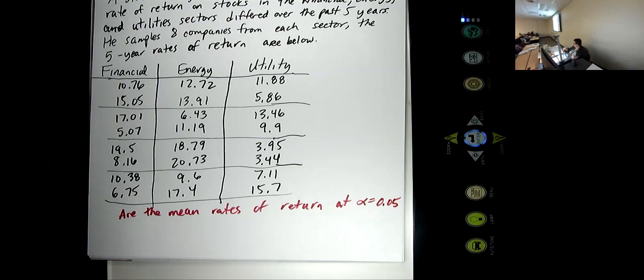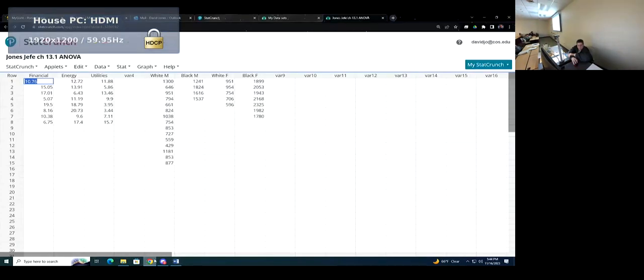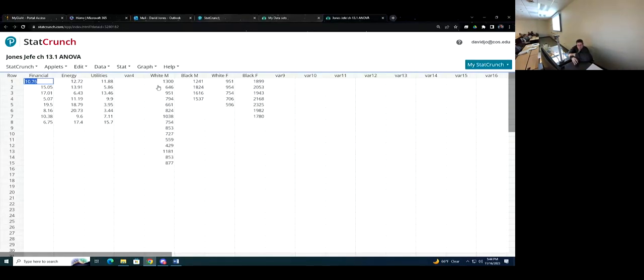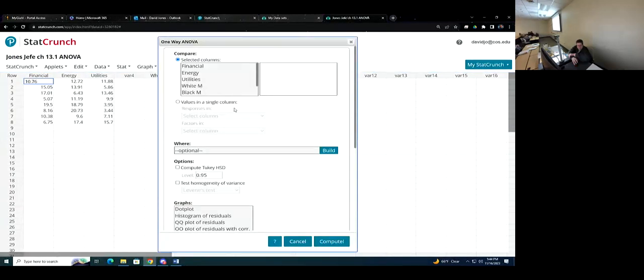Alright, everyone got the table? I have these bad boys preloaded. We're gonna go stats. ANOVA, one way. We are looking at the financial, energy, and utilities sectors.